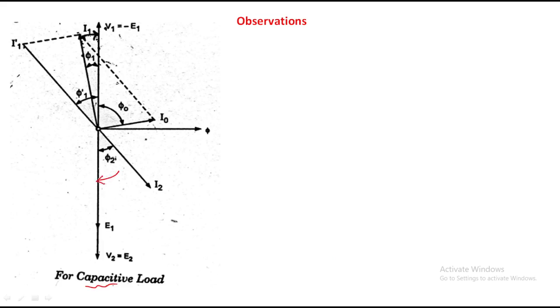So for capacitive load, if phi 2 decreases, what will happen? Phi 1 dash decreases. If phi 1 dash decreases, what will happen? Phi 1 decreases and then increases. See, from this position to this position phi 1 decreases, but after reaching this axis it gradually increases, right?